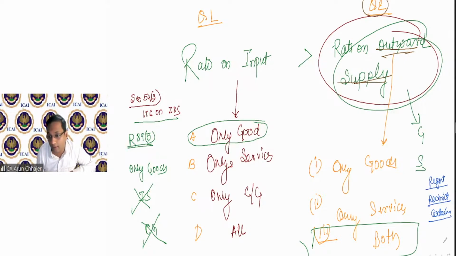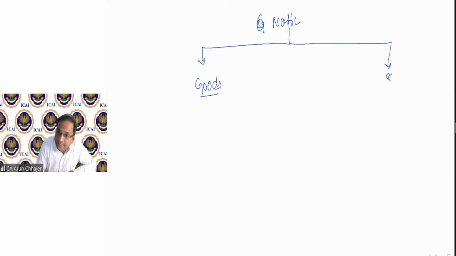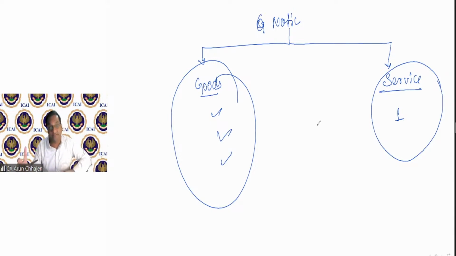So you will learn that there is a notification for goods in which you can't take the refund under inverted duty structure. Similarly, in services, you can't take the refund; there is only one service. There is some category of goods. If you are engaged in this type of supply, then you can't take the refund of accumulated ITC due to the inversion. So that we will discuss.